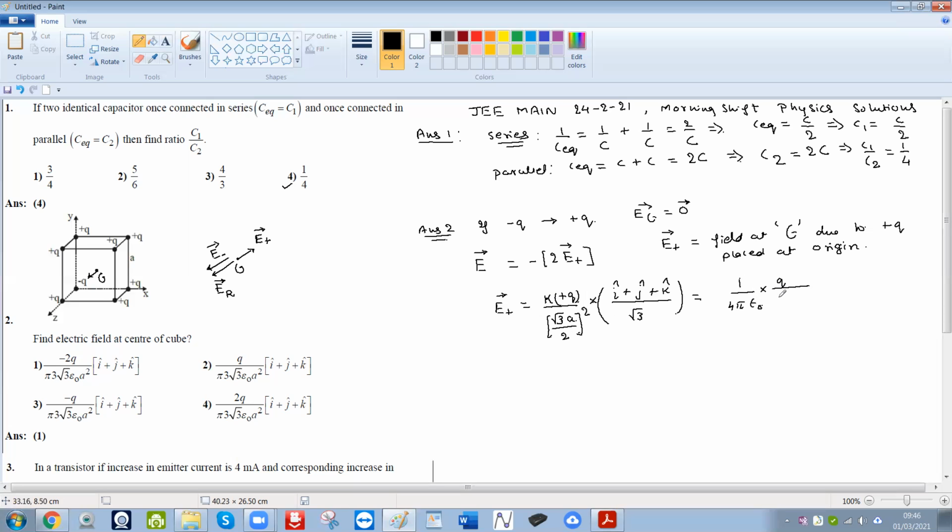This becomes 3a square. 4 goes in numerator, root 3 times i plus j plus k.